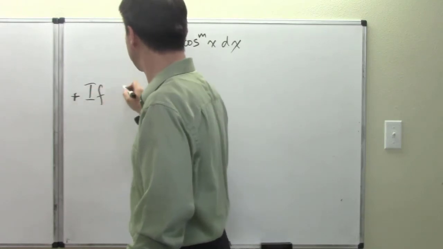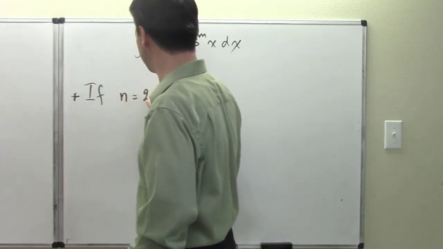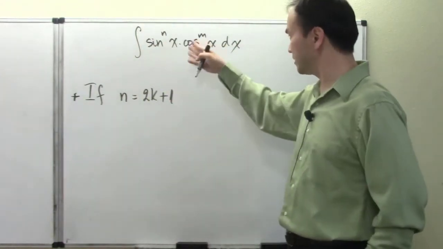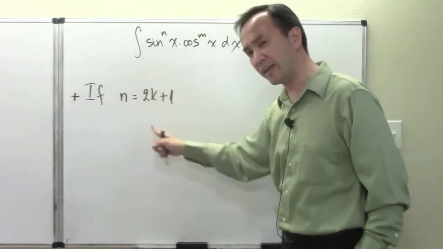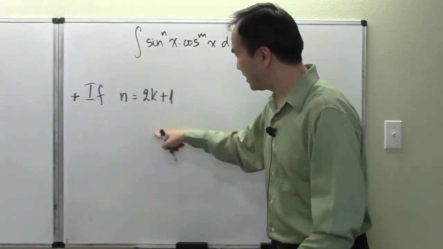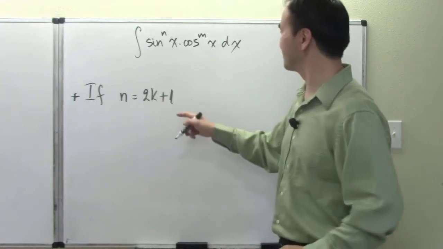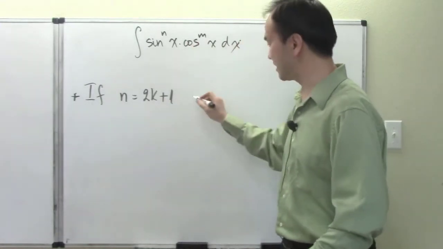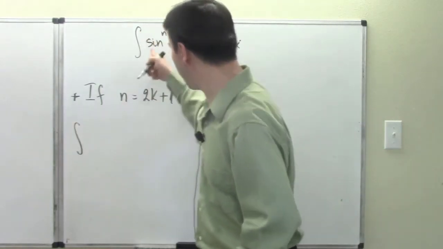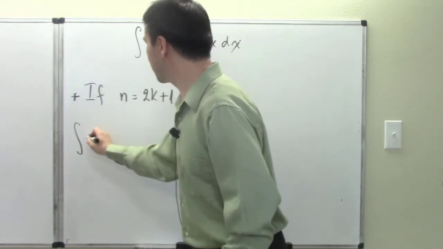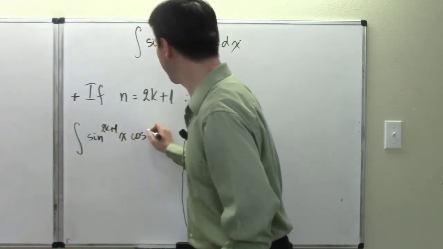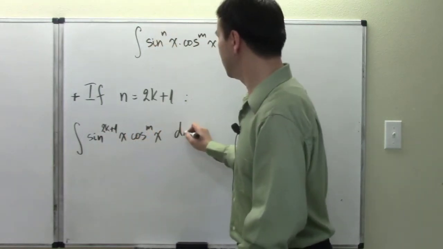If the n here is odd, and again, odd here means 2k plus 1, and disregarding whatever happened to the other one, as long as we recognize one, then on this odd power we can purposely isolate out from our starting problem: sine to the 2k plus 1 of x times cosine to the m of x dx.